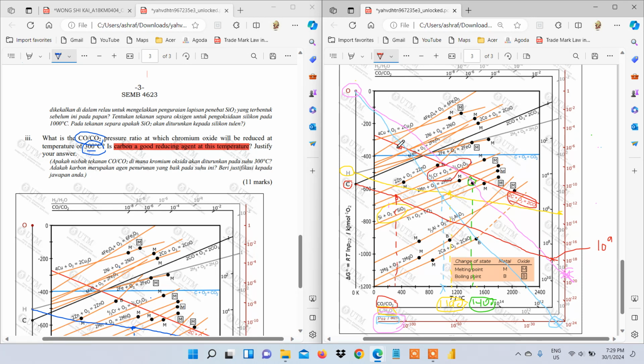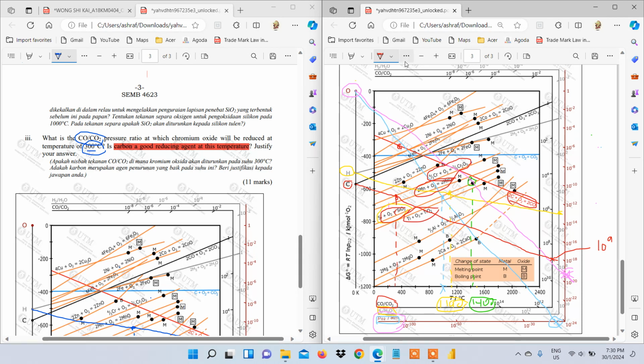The rule for which slope can be a good reducing agent is that, for example, if we want to reduce the chromium oxide right here, the slope we can choose is a slope under the chromium itself. For example, we can choose manganese right here, or silicon right here, or even titanium right here to reduce our oxide.